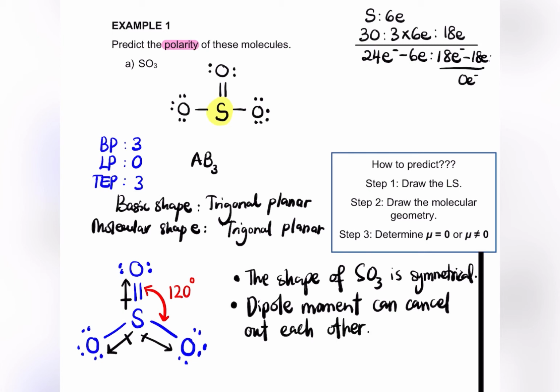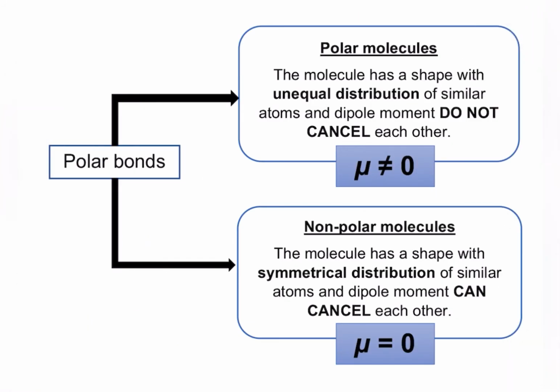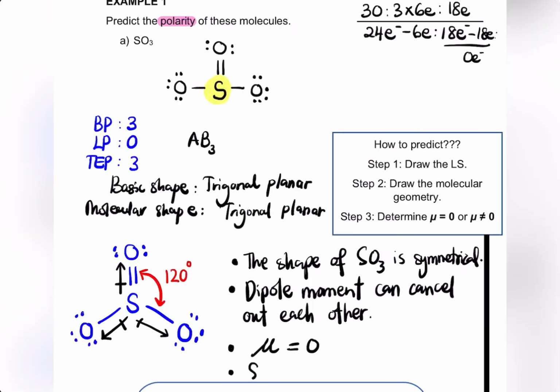And from here, when they cancel out each other, the third point, which is step 3, mu equals 0. And your final conclusion, you can say that from the previous page, mu equals 0 is a non-polar molecule. So this is what we want as our conclusion, which is SO3 is a non-polar molecule. So that is your final answer for this example.